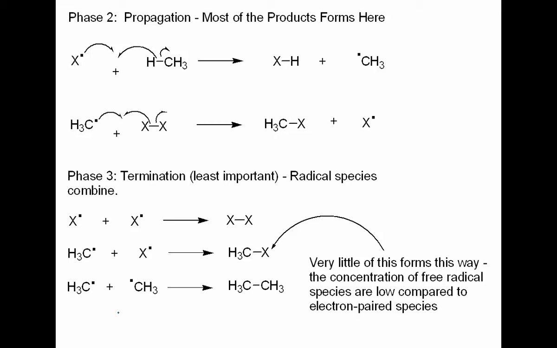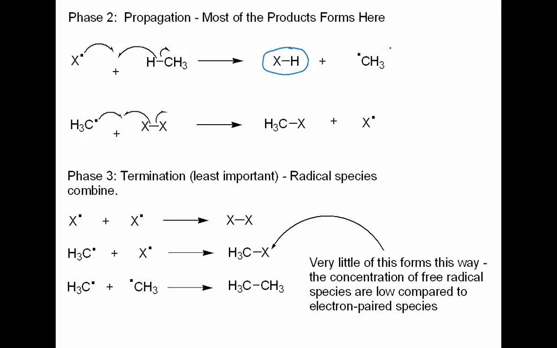Propagation. This is where most of the product forms. In this particular reaction, there are 2 steps in the propagation. We're taking the halogen radical here, and we're basically plucking the hydrogen right here off, and making a bond between X and H. This is one of the products, remember.